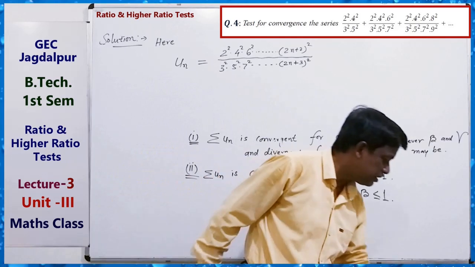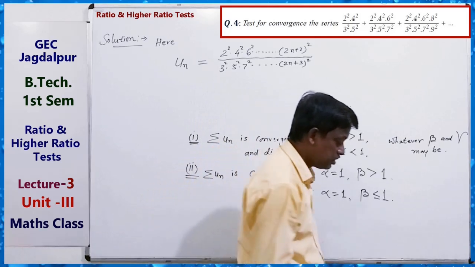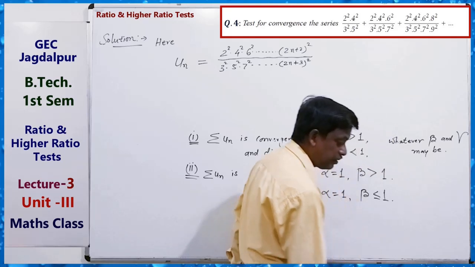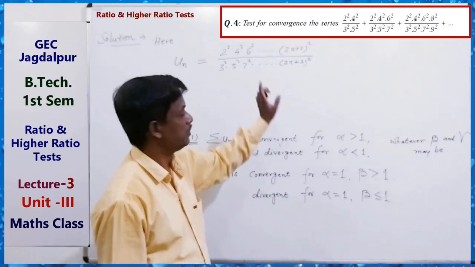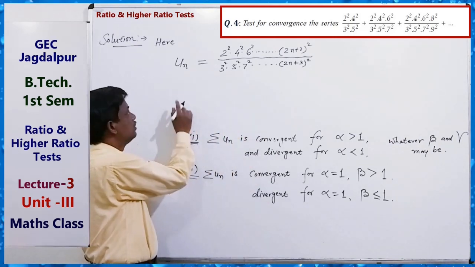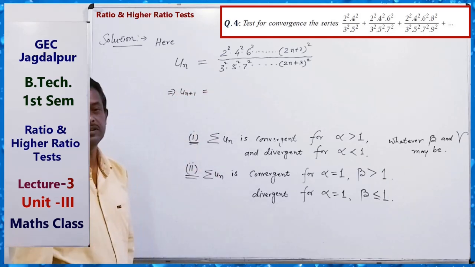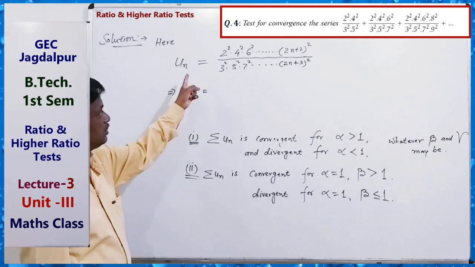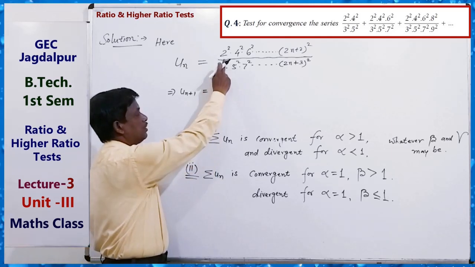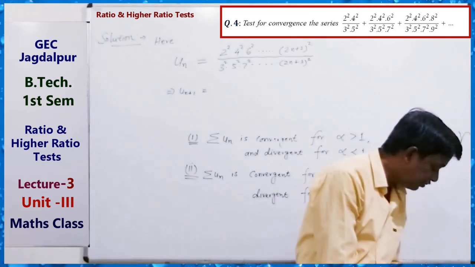So see the given series: 2 terms, then 3 terms, then 4 terms. So we can write un equals to this. Clear? Here un equals to this. So what is un plus 1? In the given series, we can write another term like this.